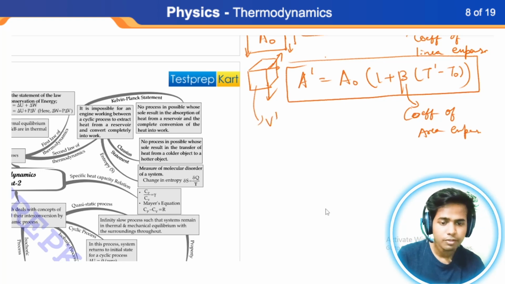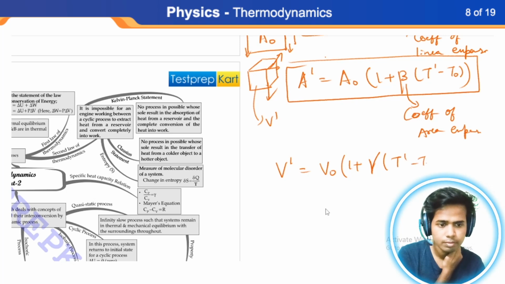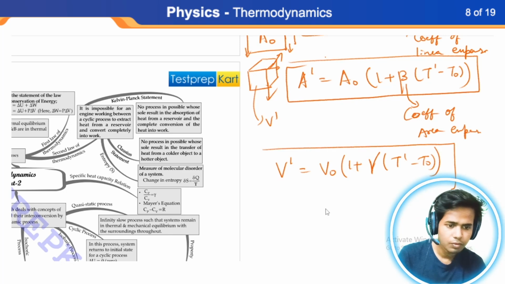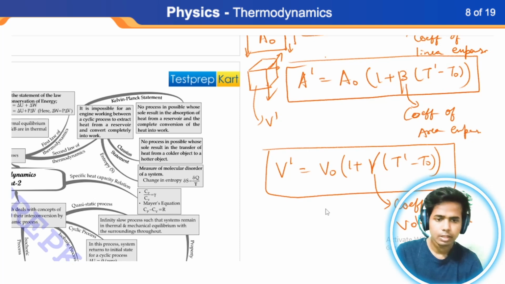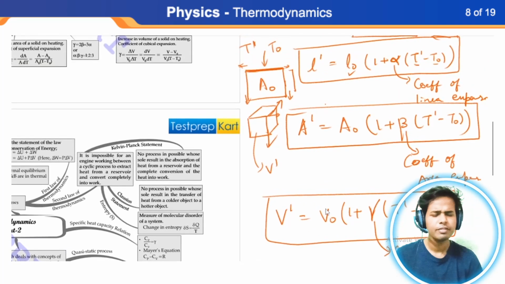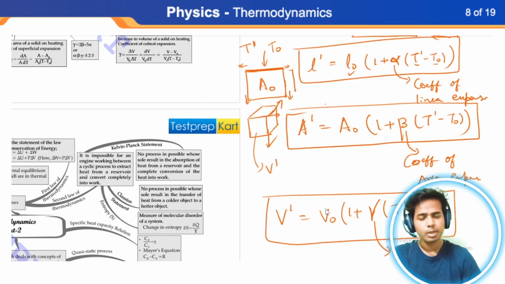V dash, and the formula for that will be V dash is equal to V naught, which is the initial volume, multiplied by 1 plus gamma into T dash minus T naught. While gamma is nothing but the coefficient of volume expansion.